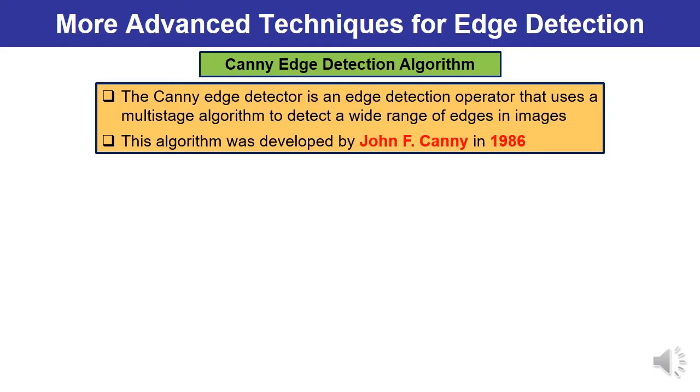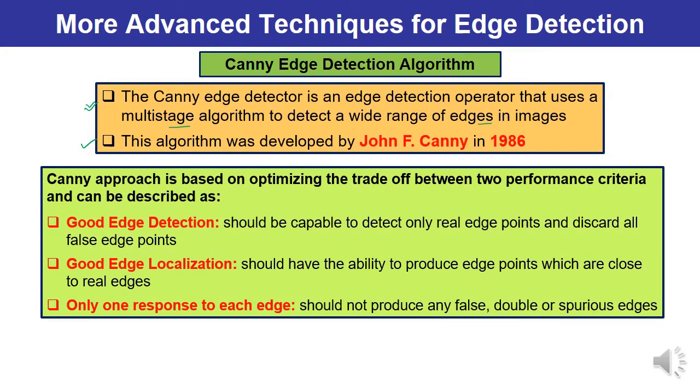The Canny edge detection algorithm was developed by John F. Canny in 1986, and it is an edge detection operator which uses a multi-stage algorithm, and it is very efficient to detect a wide range of edges in images. Different behavior of edges can be observed with the help of this particular algorithm.